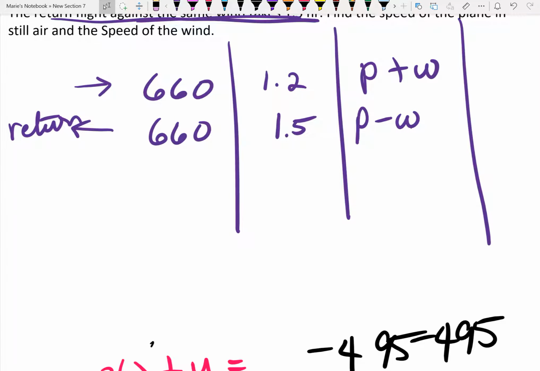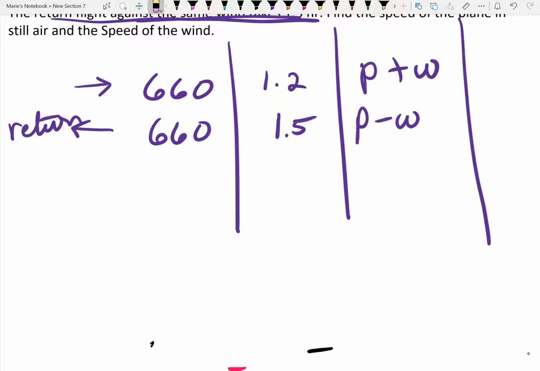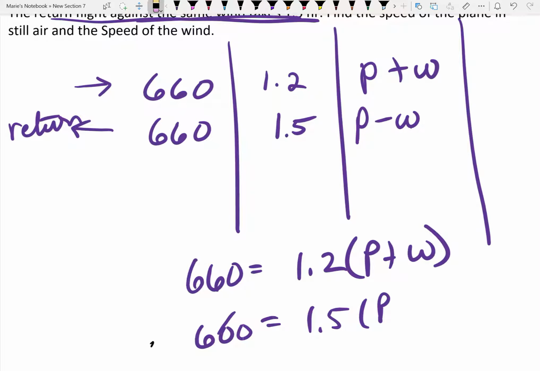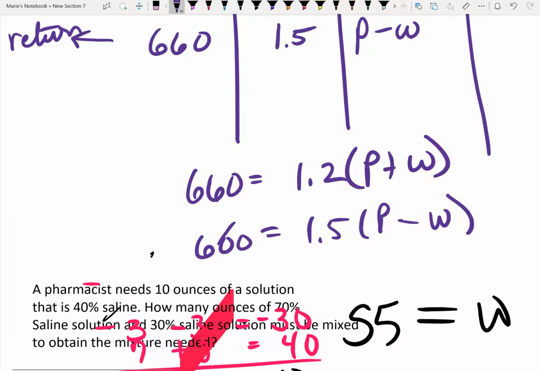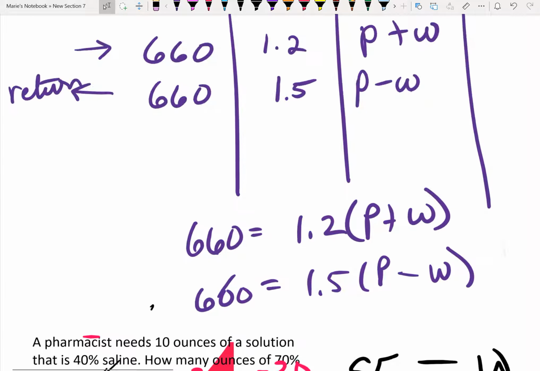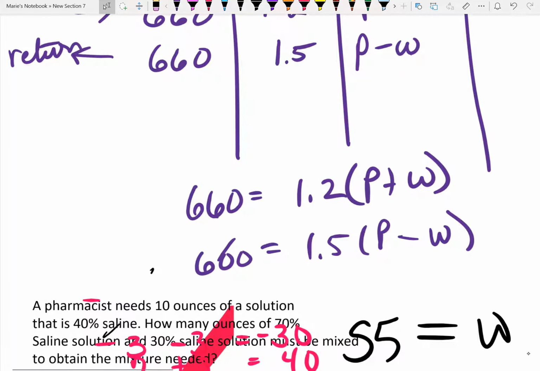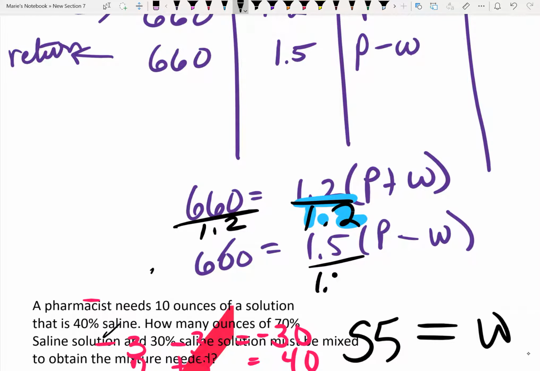The rule of thumb is that 660 will equal 1.2 times P plus W, and the same thing applies to the next one: 660 is equal to 1.5 times P minus W. If I divide each side by the hours, I'm going to divide by 1.2 here and by 1.5 here.